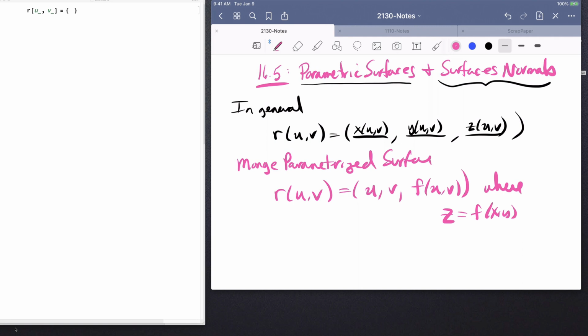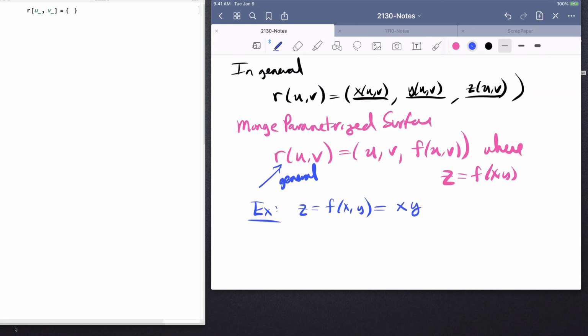So here's a general Monge parameterized surface, and a specific example could be that you have z equal to f of x, y, and that function of two variables is maybe x times y.